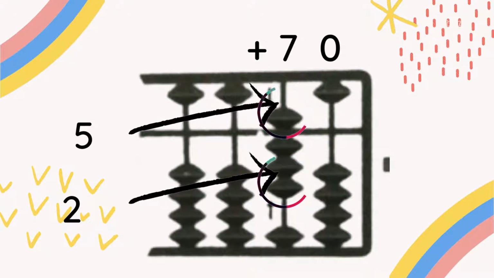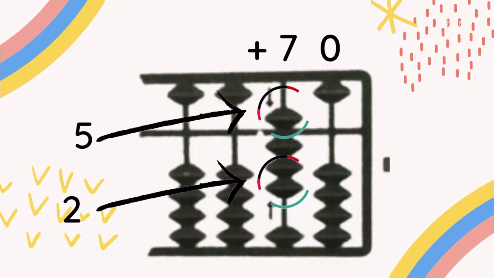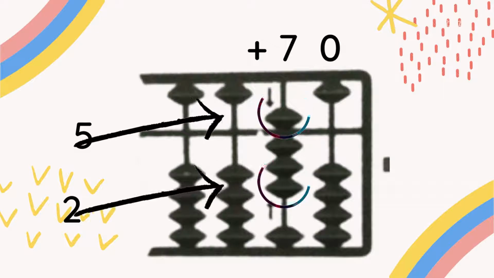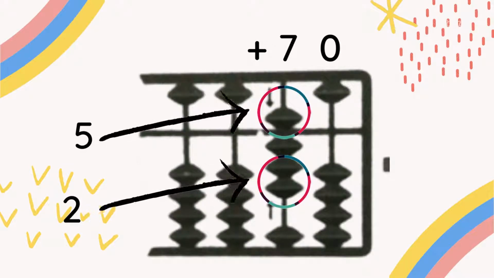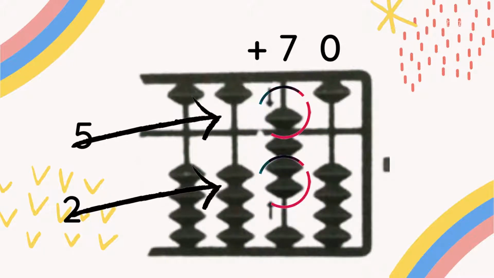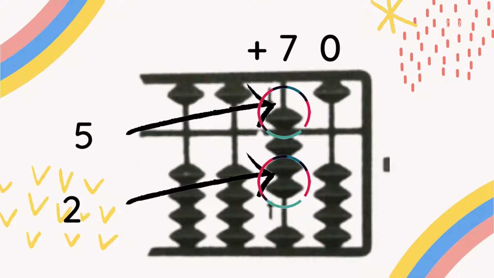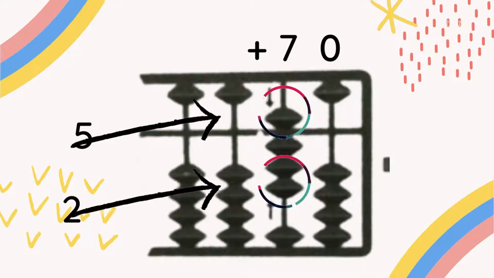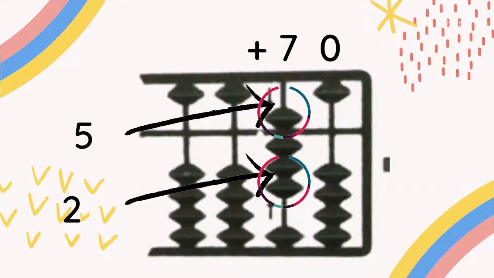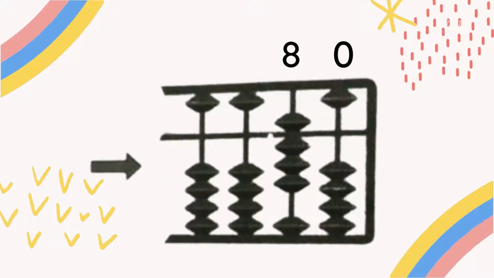The second picture means you add 7, not add 8. The 5 from the top bead is brought down, and 2 more beads from the bottom are brought up. 5 and 2 means 7, and finally we get the final answer.